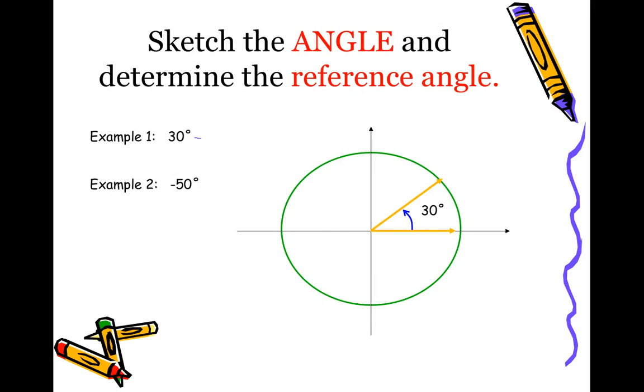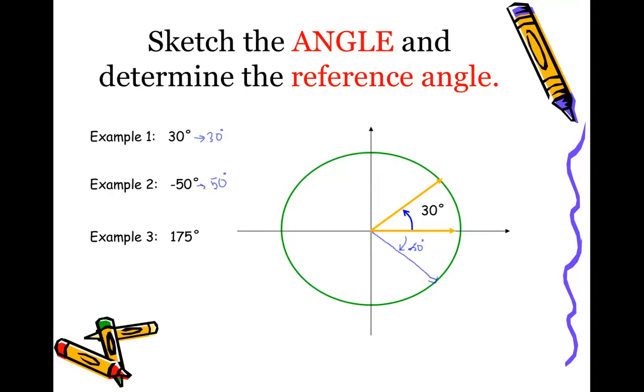Negative 50 is going to be like down here. Let's sketch it. That reference angle, well, it's always positive. It's actually just going to be 50 degrees. Think of it like absolute value.